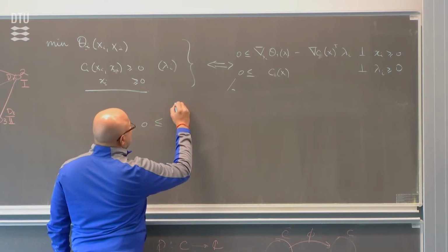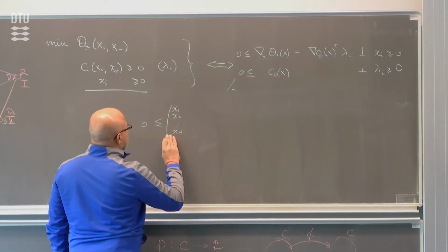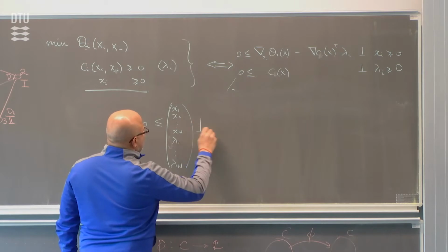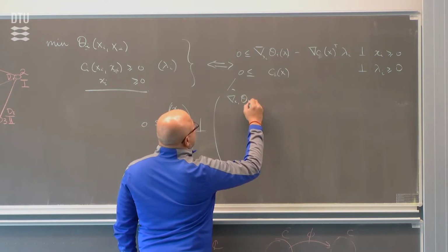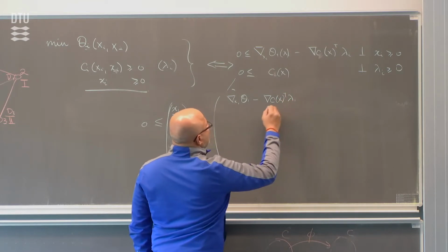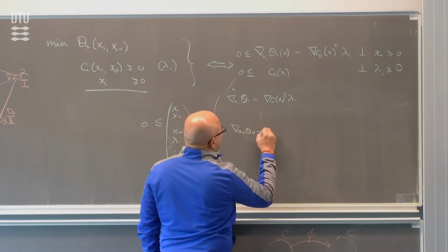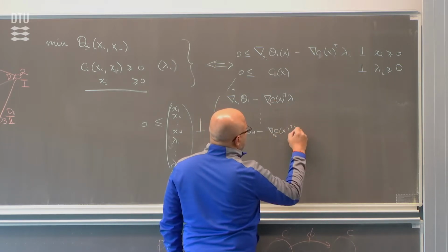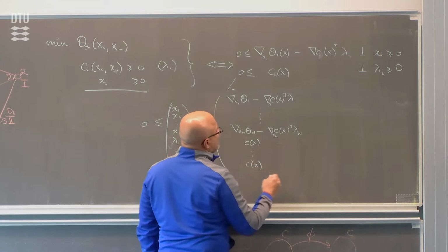You get x1, x2, xn, lambda 1, lambda n, this is x1, and here you have c of x, and you have it replicated.